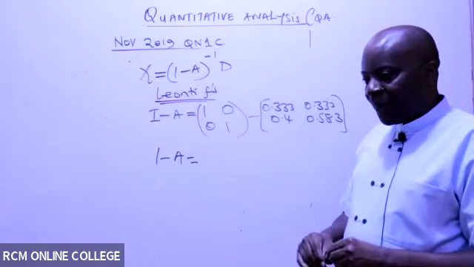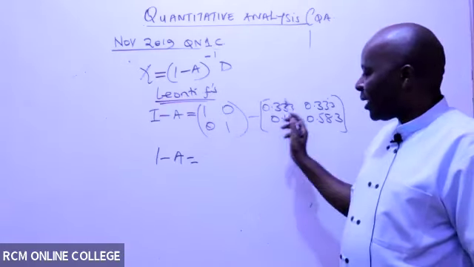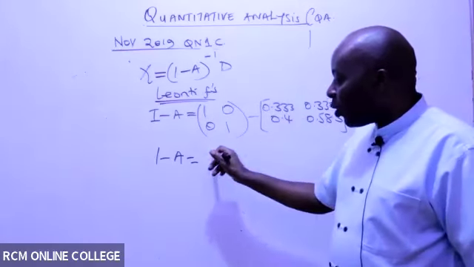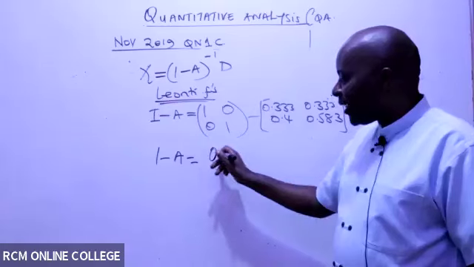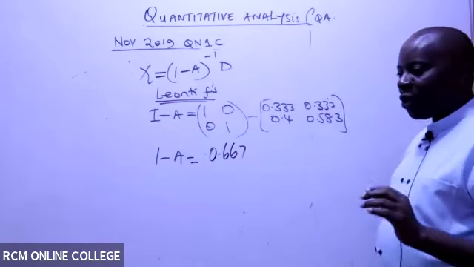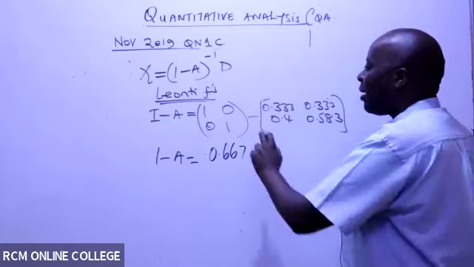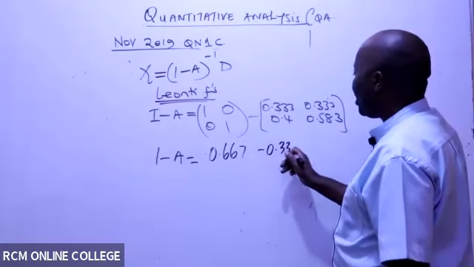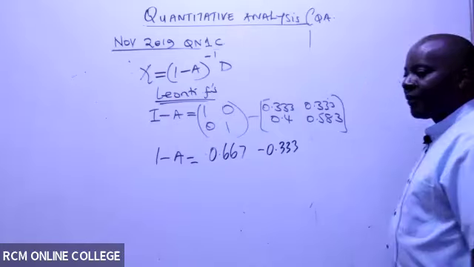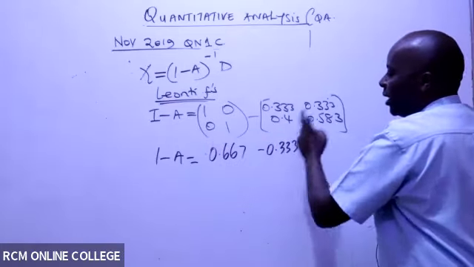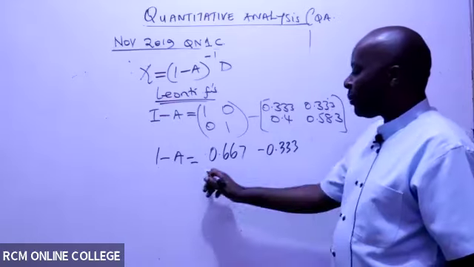So the first one will be this minus this. Yeah, 0.667. All of us, we have to provide figures and ask questions whenever you're not able to understand. Then come and pick this minus this. So this will give me minus 0.333. And then this and this subtracted gives me minus 0.4.